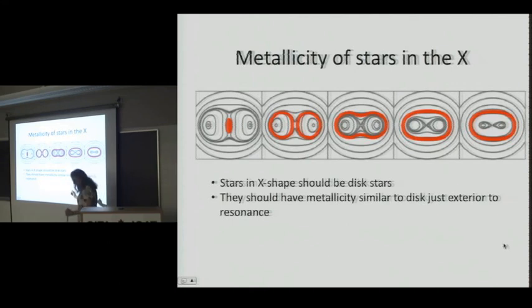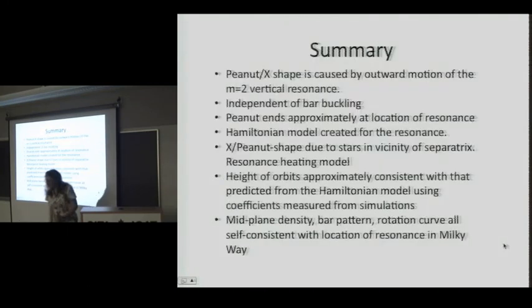They're not metal poor, not really young or old. So I think the observations are maybe consistent with what they're seeing. They could be disk stars just outside of the resonance. So yeah, I'm actually at the summary.